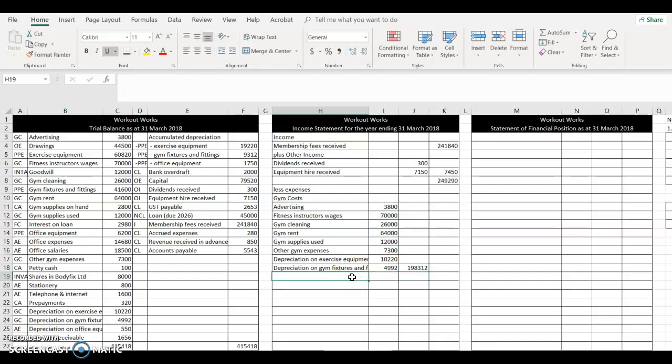Second one is administrative expenses. Note that this is underlined because it's a heading. And we take all our AEs on the side. Again, each one is worth at least a mark, and you have to have over half of them just to get achieved in this.